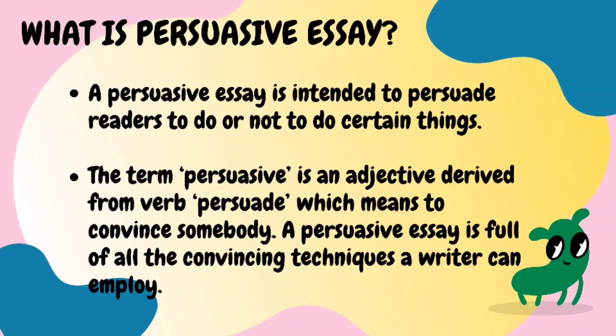What is a persuasive essay? A persuasive essay is intended to persuade readers to do or not to do certain things. The term persuasive is an adjective derived from the verb persuade, which means to convince somebody. A persuasive essay is full of all the convincing techniques a writer can employ.